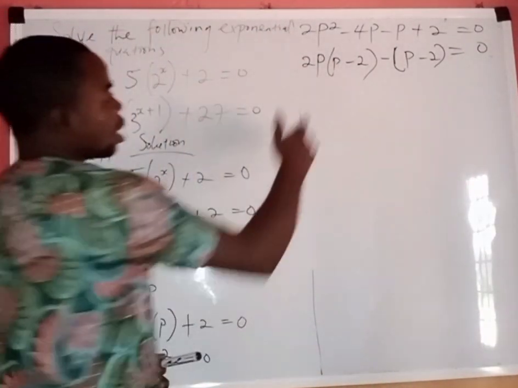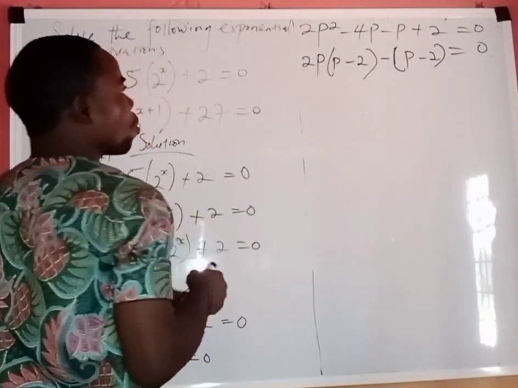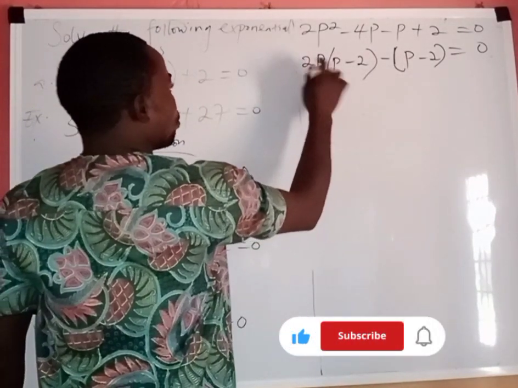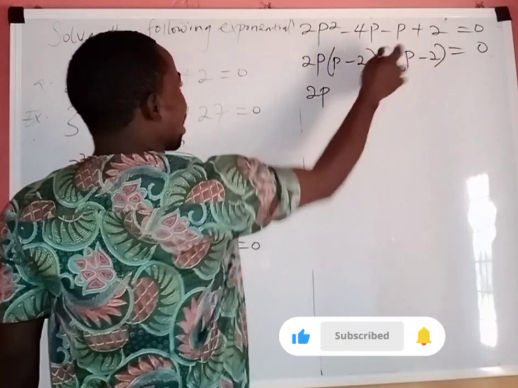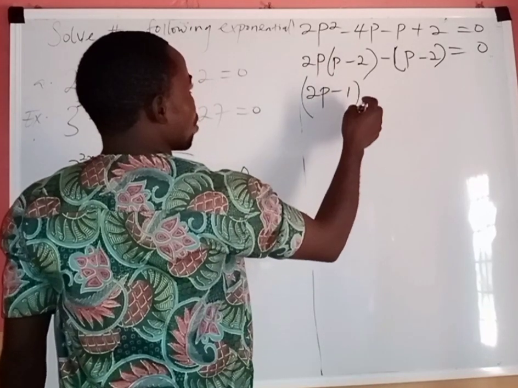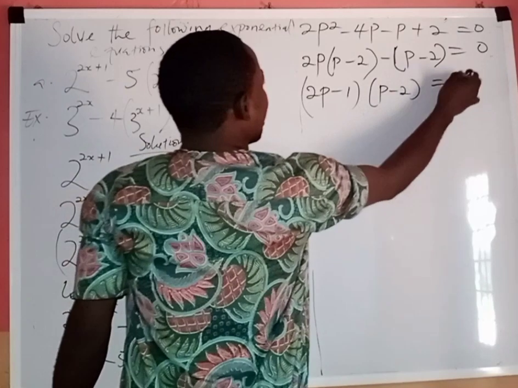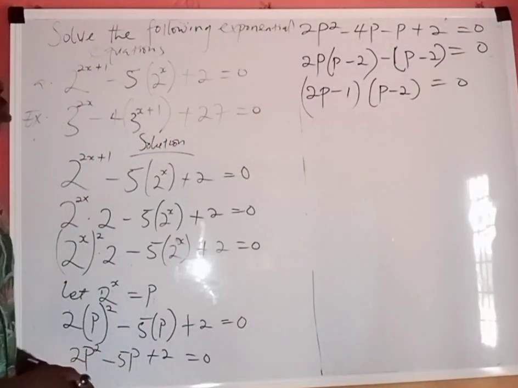You can see that these two brackets are the same, so we pick one. Writing 2p, and then minus the coefficient of the other bracket, which is minus 1, and then p minus 2 is equal to 0.